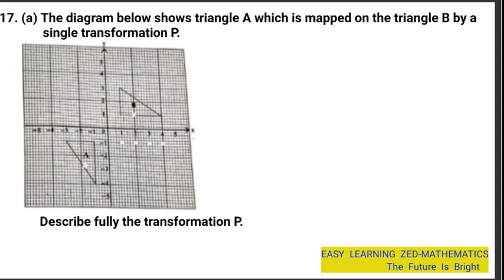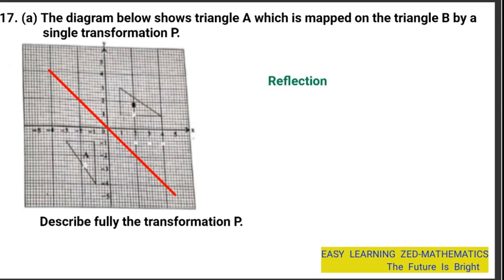So what I'm going to do first is draw a line here. When you look at the two triangles, you realize that this is a reflection. So this is the reflection in the mirror.